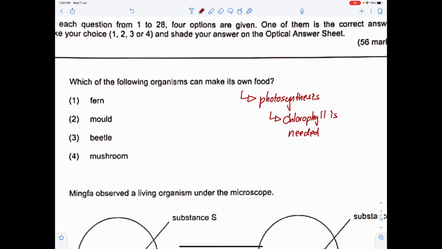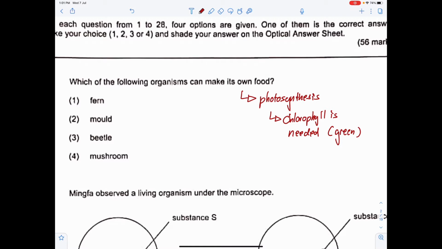And your chlorophyll is actually green in color, right? So with this, you already know that you're looking for something that is green in color.